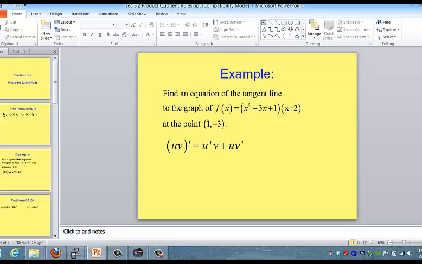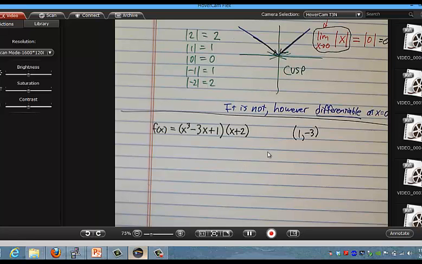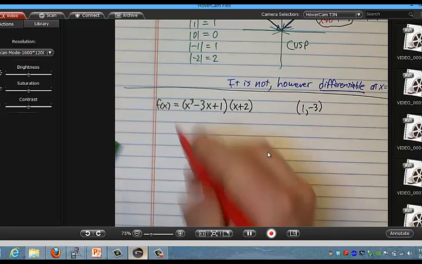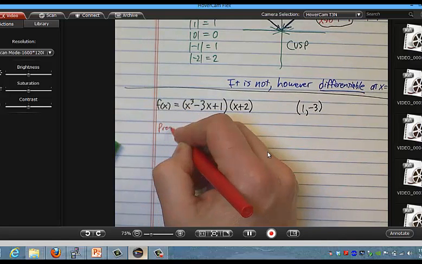Then you notice I wrote down a different version of the product rule that I think is a lot simpler. Actually, I'm going to go to my paper now so you can see what I'm writing. That's one of the reasons I didn't want to go back. When I think of the product rule, here's what I think of.